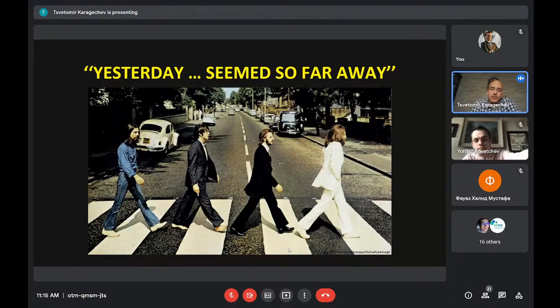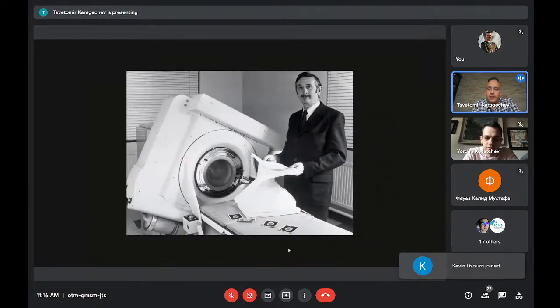In 1962, the Beatles signed with EMI, Electric and Musical Industries, and because of the meteoric success and the money they earned from record sales, the very same company funded the research of this man, Godfrey Hounsfield, and in 1971, the first CT scanner was produced.